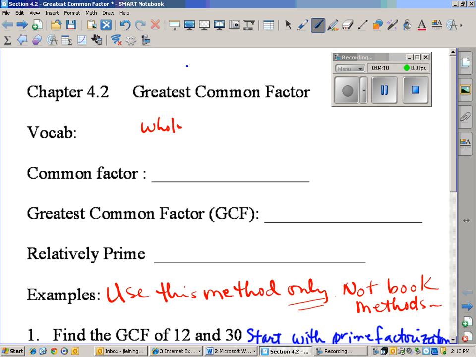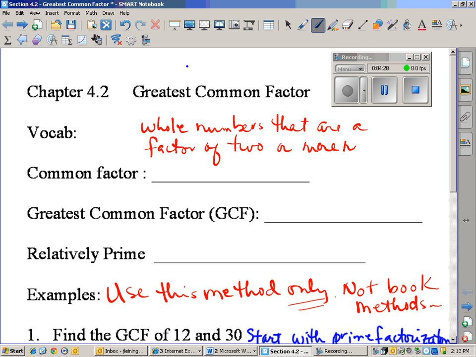So these are whole numbers that are a factor of 2 or more numbers. And the largest, the greatest of the common factors is called the GCF, or the greatest common factor. So this is the greatest of all the common factors between 2 or more numbers.